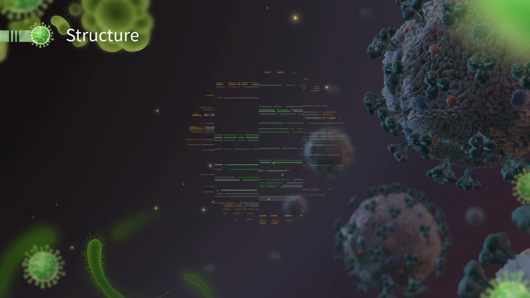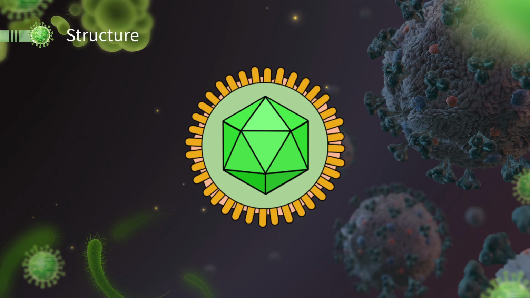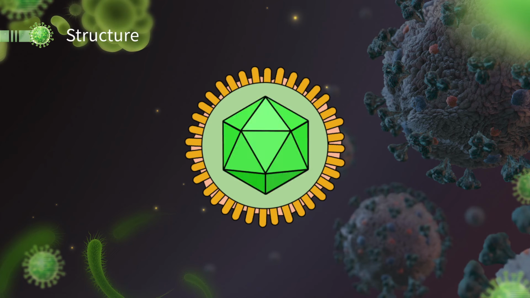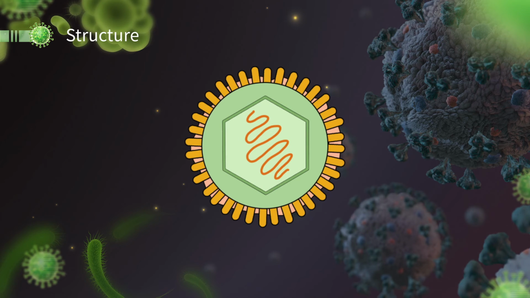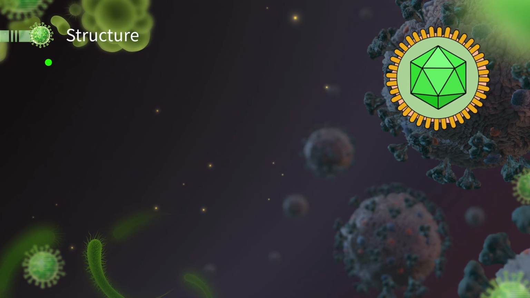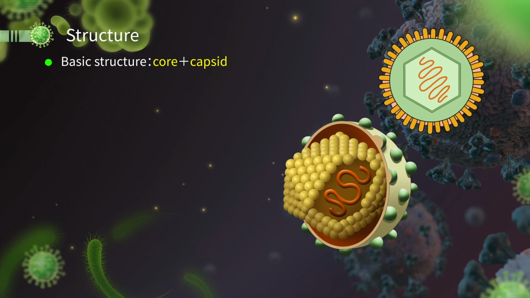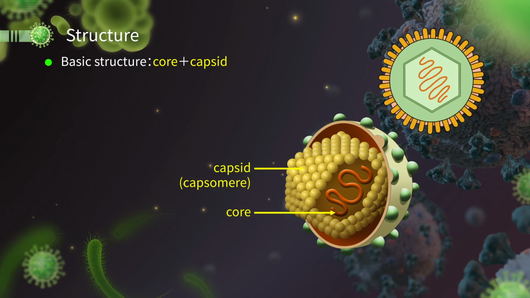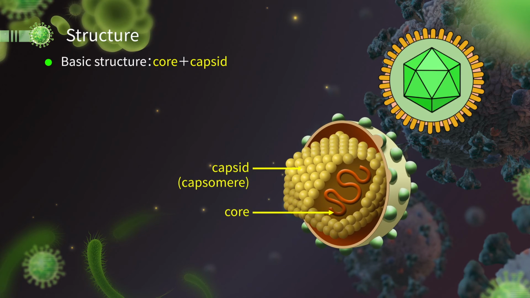Structure. The simplest viruses consist of a genome of DNA or RNA packaged in a protective shell of protein, and for some viruses, a membrane. Basic structure contains core and capsid. In the middle is the core, which is the genome, DNA or RNA. The genome is encased by the capsid.